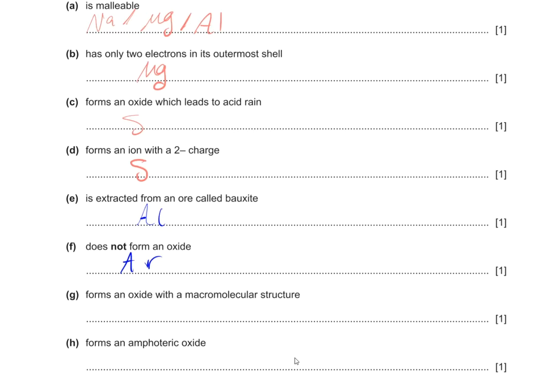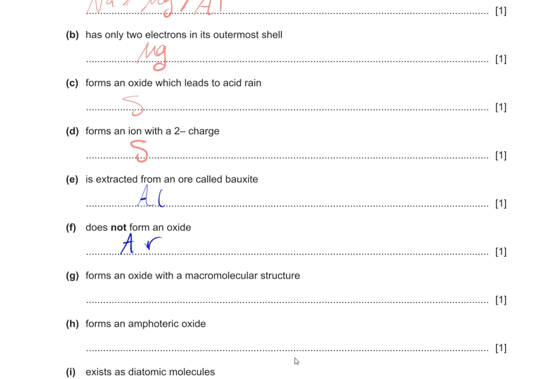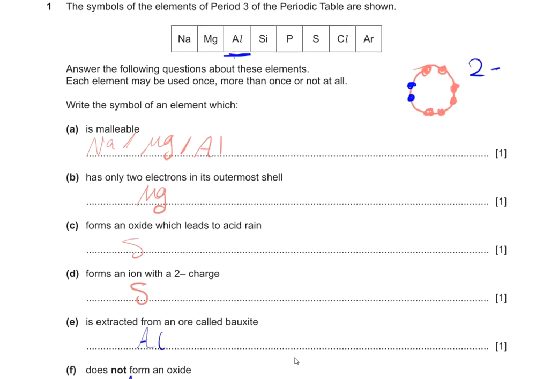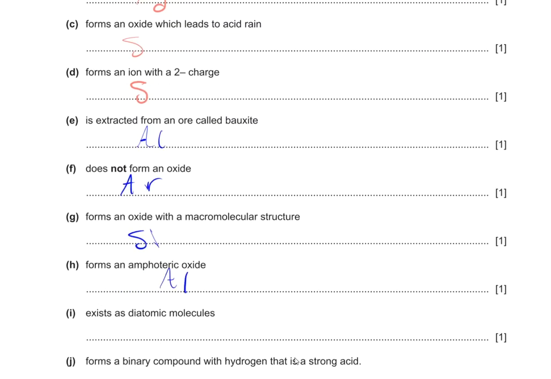Forms an oxide with a macromolecular structure. That's silicon, because silicon forms silicon oxide, which is basically the sand molecule. So it's silicon. Forms an amphoteric oxide. That's aluminum again, because aluminum oxide reacts with an acid as a base and with a base as an acid.